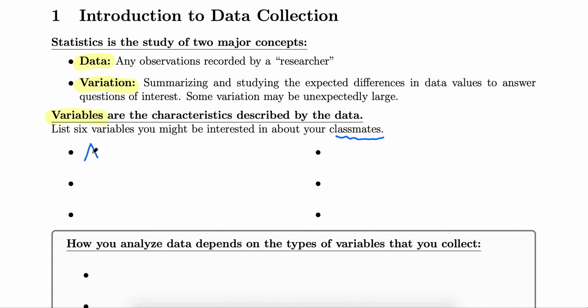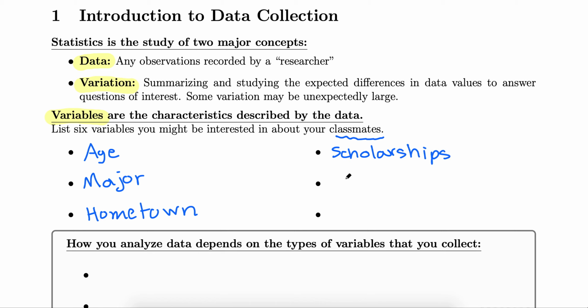Usually people respond with things like maybe age, maybe your major, maybe your hometown, maybe how much you got in scholarship, maybe your favorite food, and maybe something generic, your height. Okay, so we can find all that kind of information from you guys.